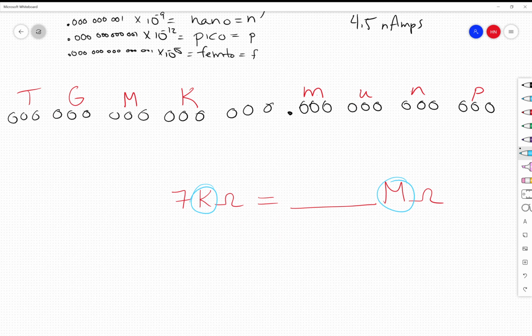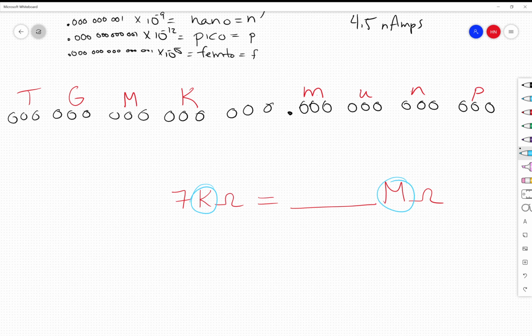So think about pennies and dollar bills. If I give you $1 in pennies, a smaller unit, you're going to have a larger quantity. You're going to have more pennies than if I give you a dollar bill, a larger unit. You're going to have fewer of them than a smaller unit.